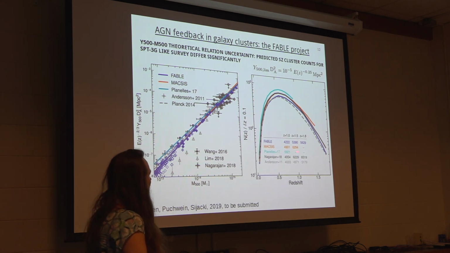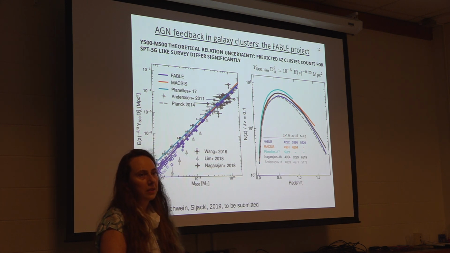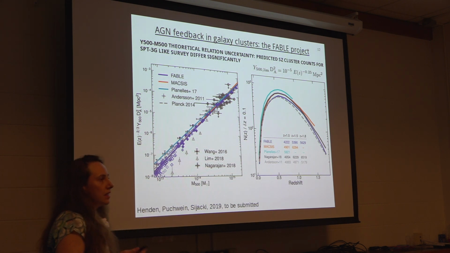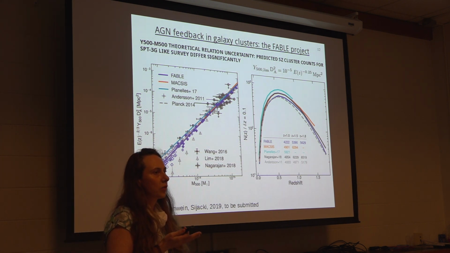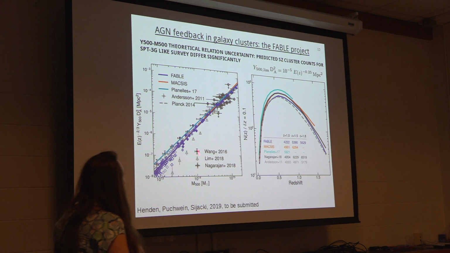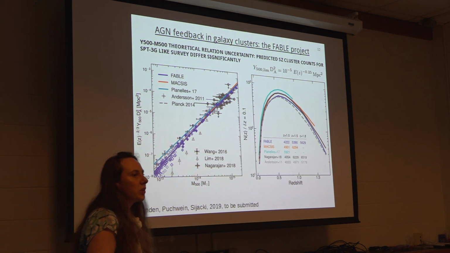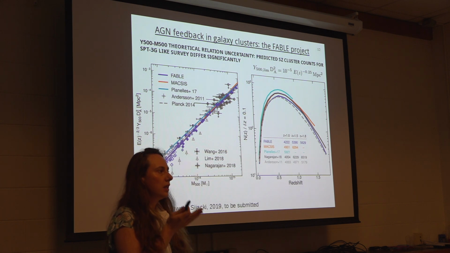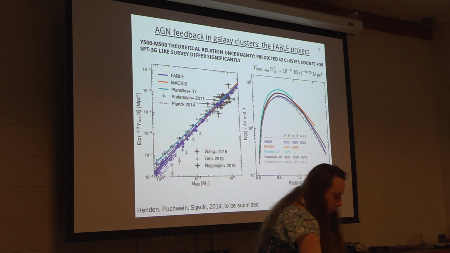So it ranges, let's say at a redshift of 1, from 4,000 to 6,000 predicted counts in the future SZ surveys. And this is again a big uncertainty for cosmology if we want to calibrate the masses of these systems, because we don't know from observations yet what is happening at the low mass end, and we have theoretical uncertainties in the modeling of the low mass end.